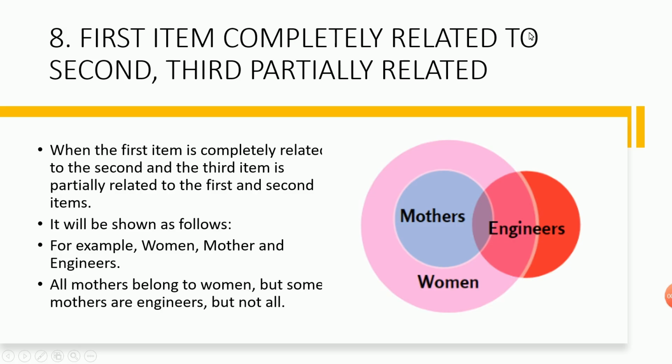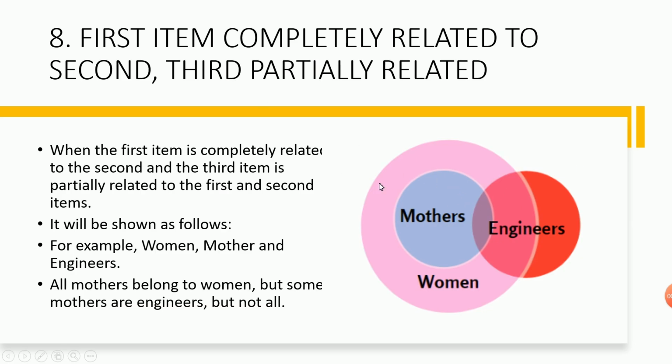Next, first item completely related to second, third partially related. So women, mothers are also women, so they come under this. But as for the third thing, it is very lightly or partially related. So it does not need to compete with the third one.